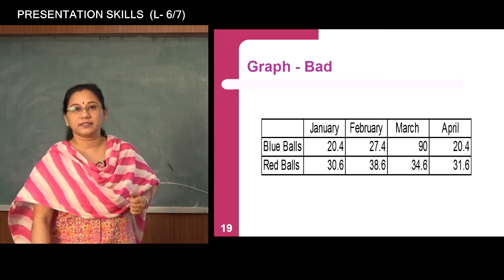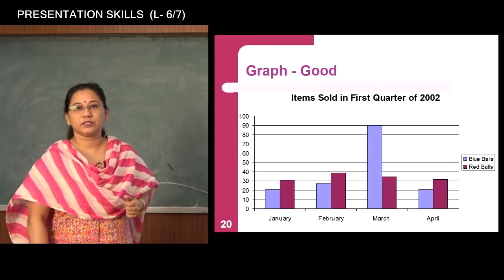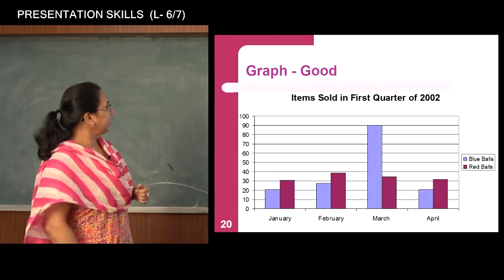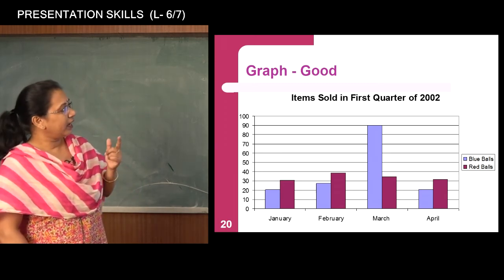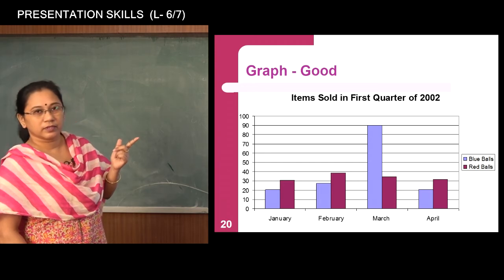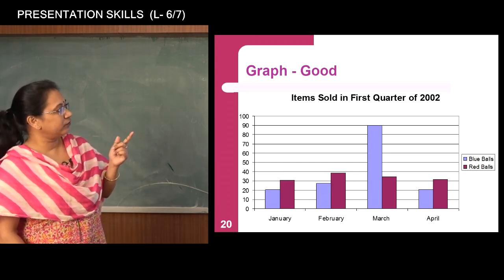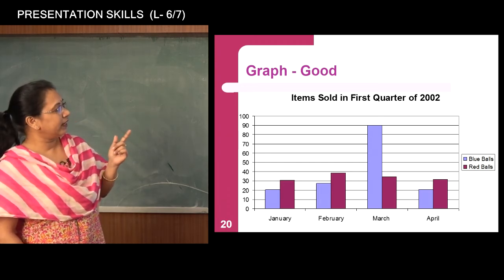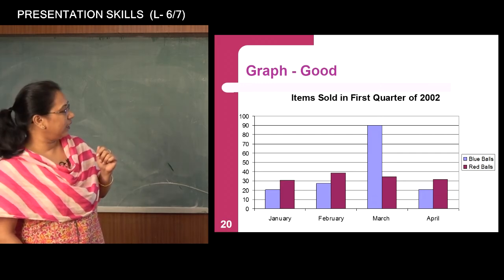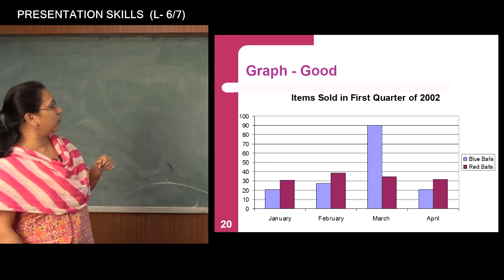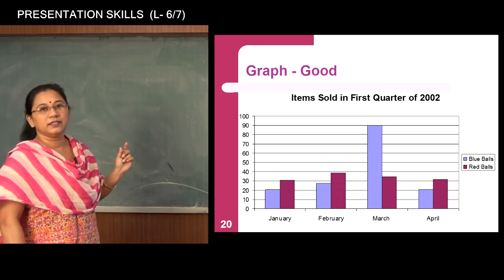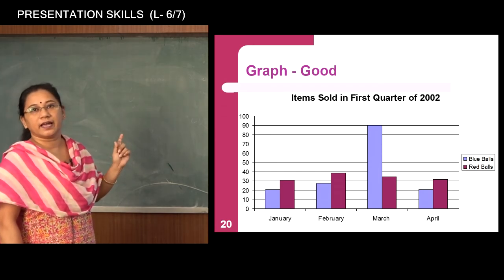Now look at my next slide, which looks much more impressive. I have here with me a graph which has 2 bars. I have the indicative box there where I have used blue for the blue balls, red box indicating red balls, and therefore I have all the details like the months and also the other numericals that I have on the other axis.